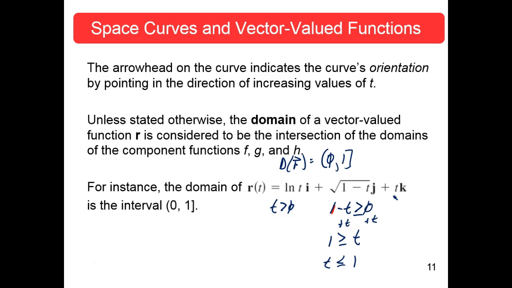You can't go anything greater than 1, or this isn't defined. So it doesn't matter what the t can do with the k, you've got to be limited to those values. So there's your domain of this function, from 0 to 1, counting the 1, not counting the 0. Make sense? Okay.